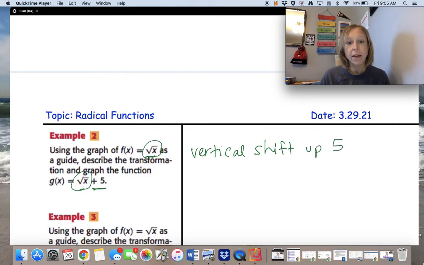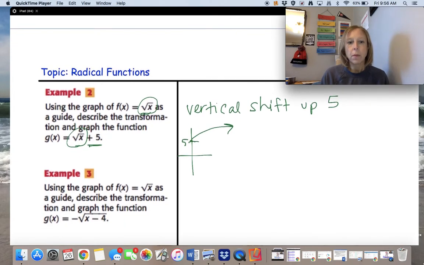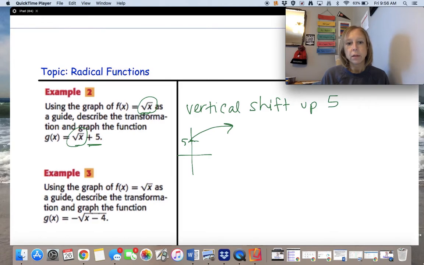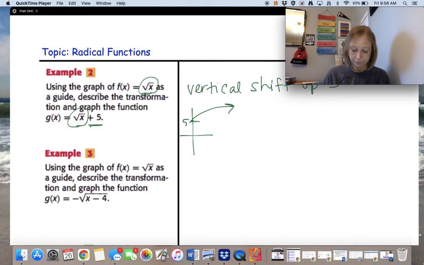And it's up 5 because it's plus 5. I know the graph then, rather than starting at 0 and looking like that, we'll start at 5 and have that curve shape to it. For the graphs, feel free to hop over to Desmos or use your TI-85 to graph. Remember, the thing that we want to show precisely are any intercepts.